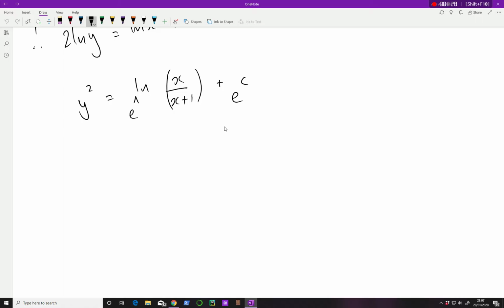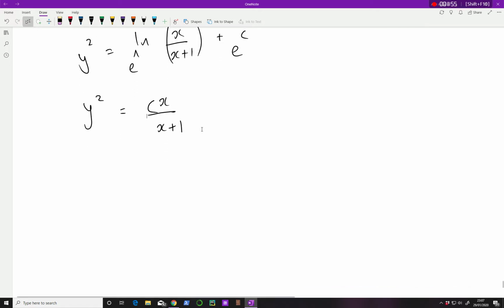Actually, that multiplies with this. So I get y squared equals x over x plus 1, and then I get the c there.